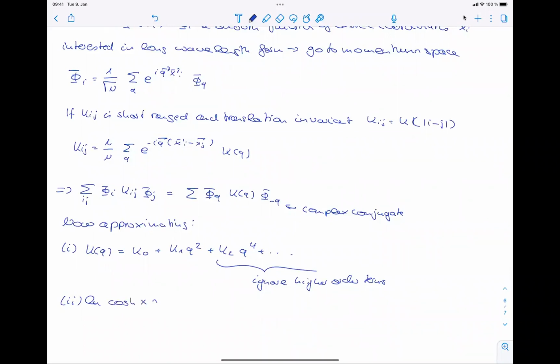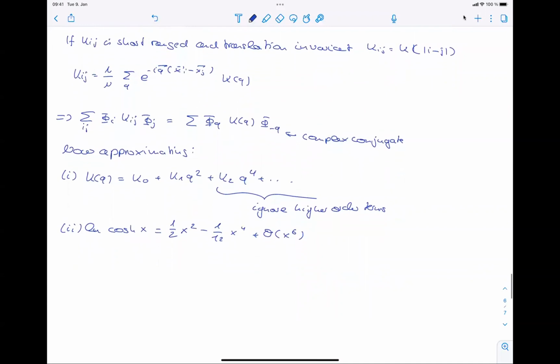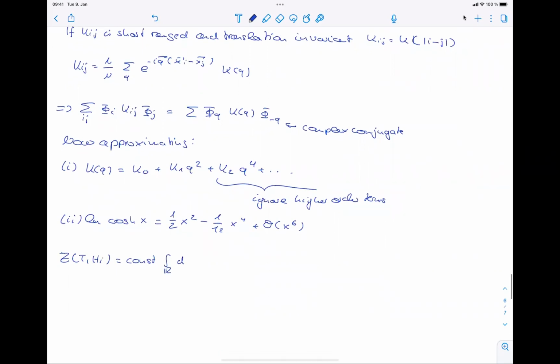So if we now expand this, it is x squared over 2, okay, this is identical, minus x to the fourth over 12, plus higher order terms. And with that, we can then in momentum space write our partition function as, let me just abbreviate these integrals.